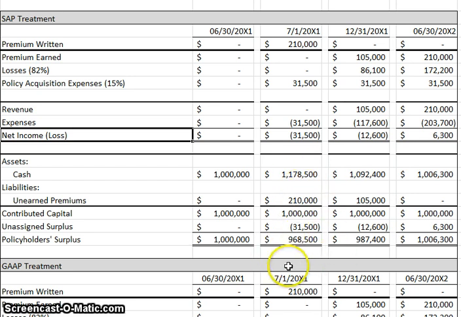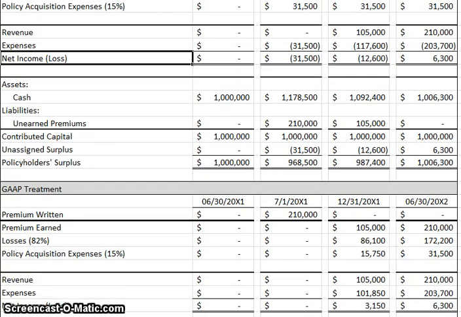So as a result, we have lower surplus. 1 million minus the expenses equals a lower surplus. It does, at the end of the full policy period, equal out to the $6,300 profit in addition to the initial million in terms of the policyholder surplus.